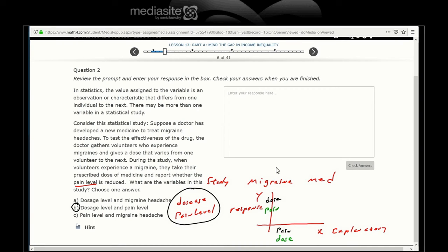So we've got to decide which one's the explanatory, which one's the response. And the explanatory, in many cases when we're doing these studies, more times than not, is the treatment. The treatment is we're going to dose you with a certain level of medication, and then we're going to measure the pain results, or the pain output, resulting pain. Either way, B.